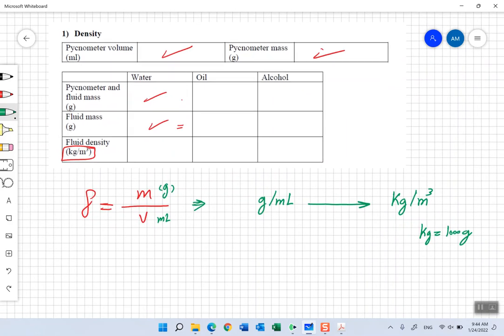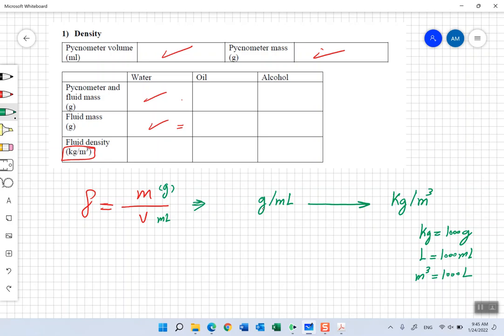And we also know that the liter has 1,000 milliliter in it. And we know that the meter cube has 1,000 liter in it. So how can we do this conversion?